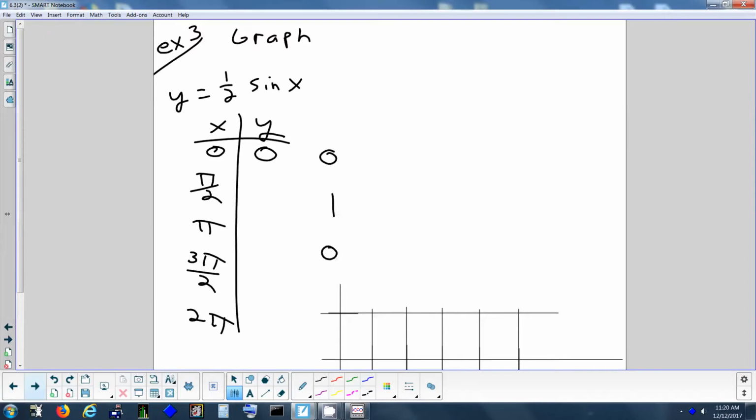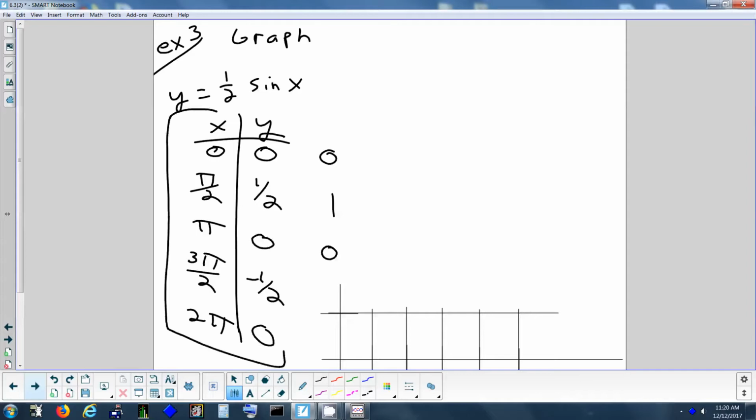Just take half of all the originals. 0, half, 0, negative a half, back to 0. The original y values for sine are 0, 1, 0, negative 1, 0. And I took half.